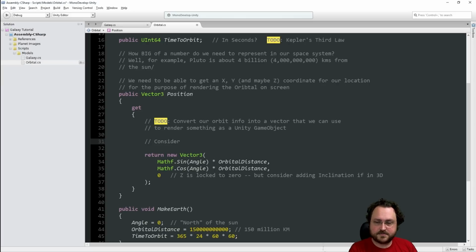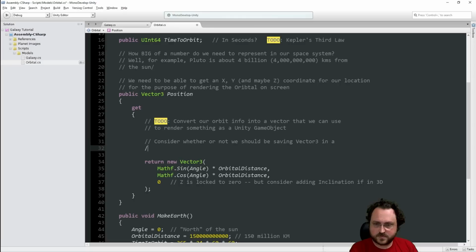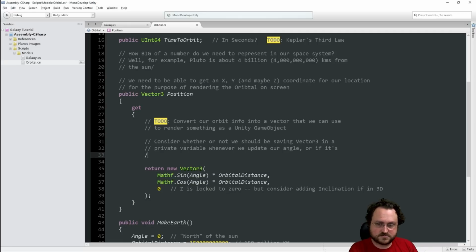Consider whether or not we should be saving the Vector3 in a private variable whenever we update our angle, or if it's no slower to just calculate on demand like this.